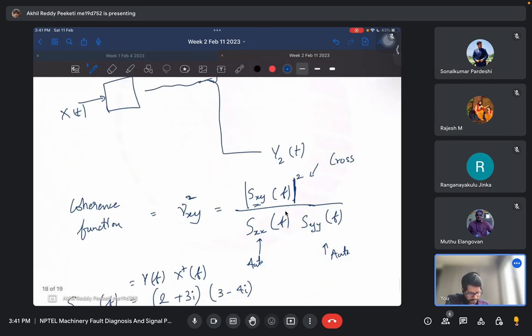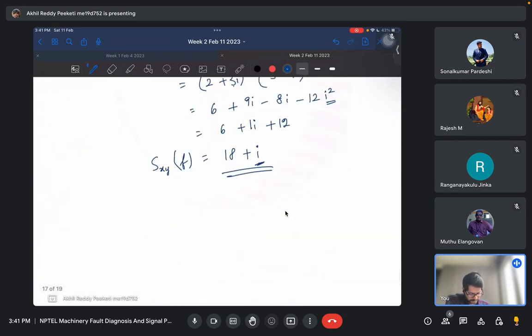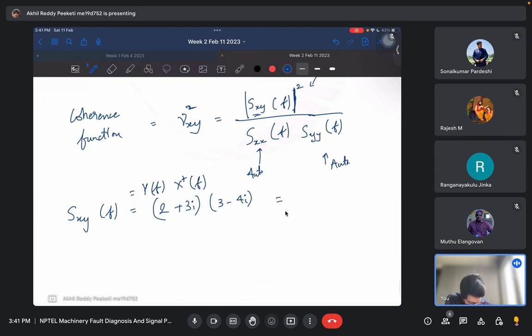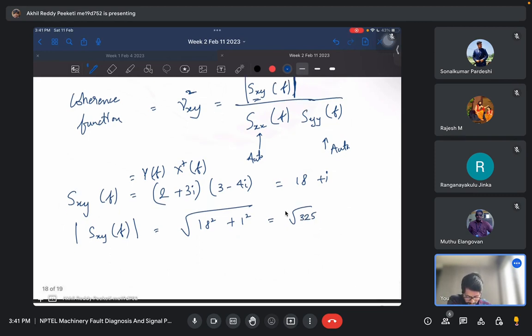Okay, so I think this is same as our earlier case. So this would be 18 plus i. What would be the magnitude of this? So root over 18 squared plus 1 squared, which comes out to be the square root of 325. Now what would be the auto power of x?